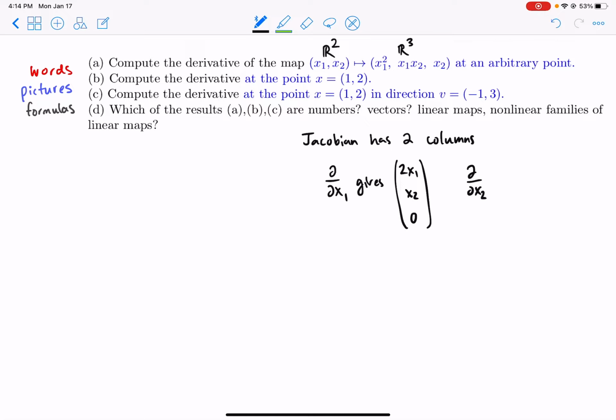Similarly, partial x2 gives another velocity vector, 0, x1, 1. These are single variable calculus derivatives, but now we're going to put them together.